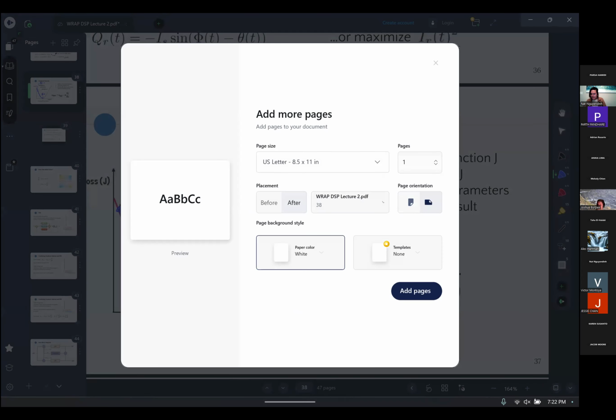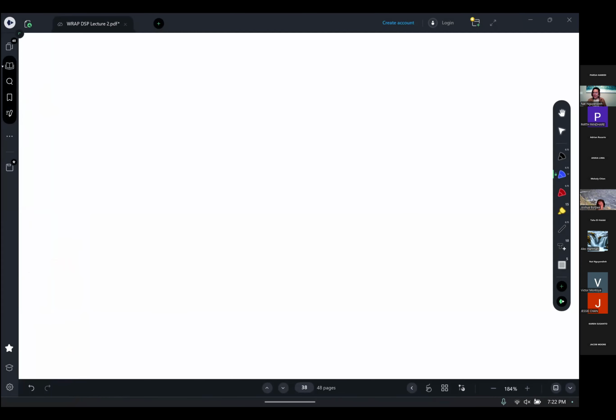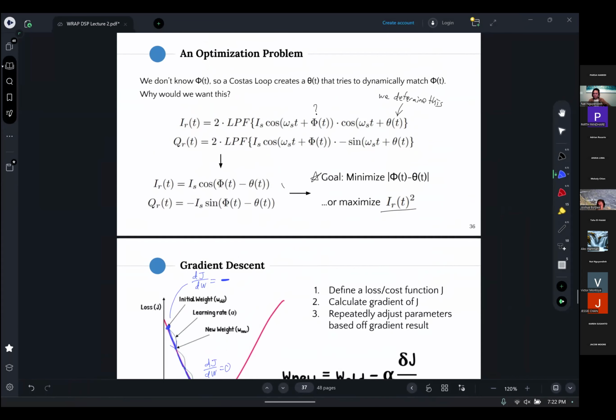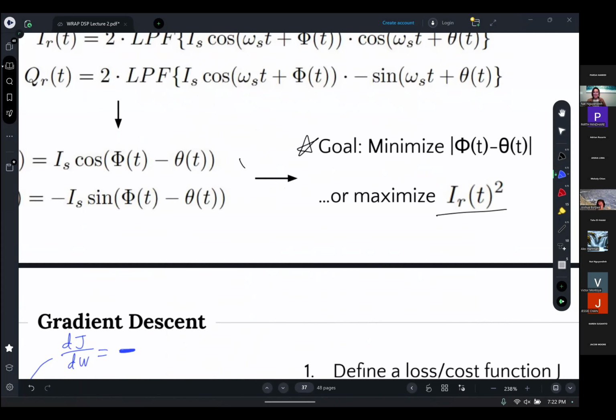But I am now going to use this concept and derive our next step. Let's say our goal right now is to maximize our received I component. Give me 1 second to flip to the correct page in my notes.